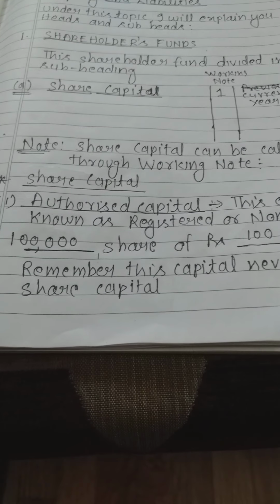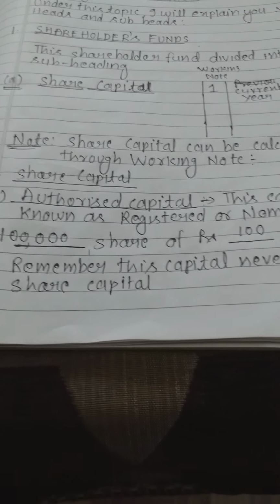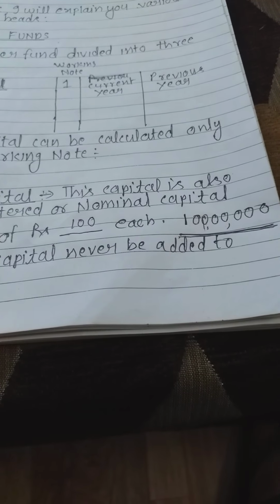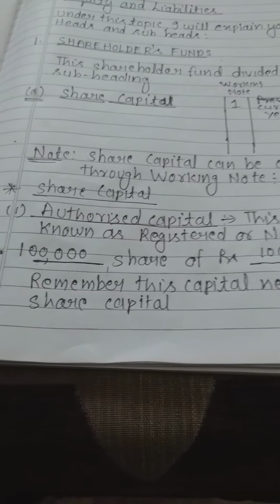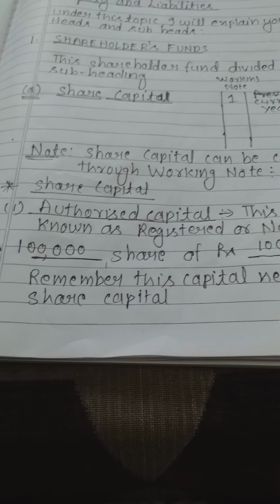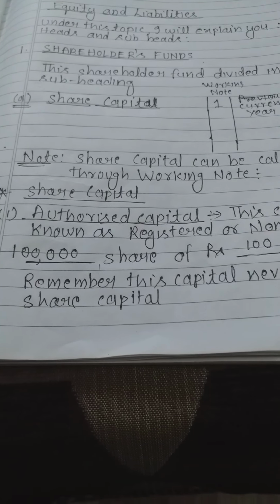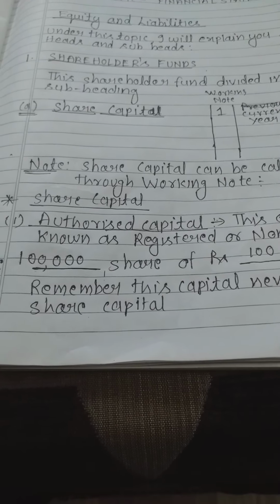Is it clear? 1 lakh shares of rupees 100 each, so total authorized capital will be 1 crore. But one thing you have to remember, that this capital is never added to share capital. It is just for giving information.